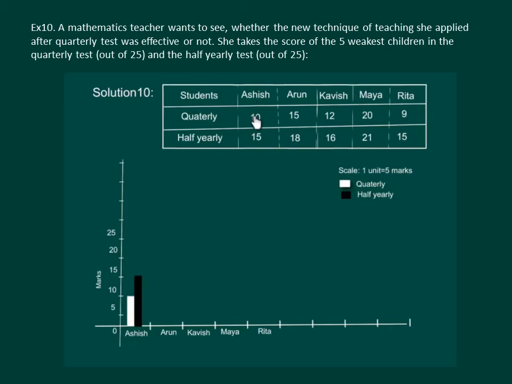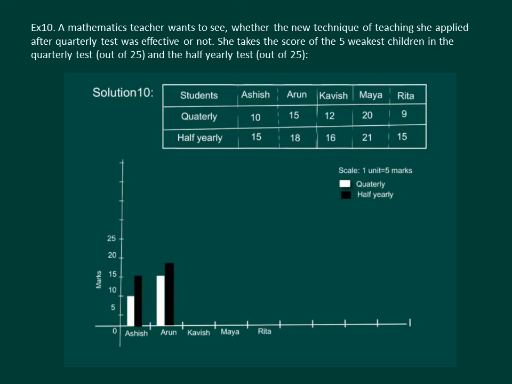Ashish scored 10 marks in the quarterly exam, hence a white bar up till 10 mark and 15 marks in the half-yearly exams, so a black bar to the 15th mark.